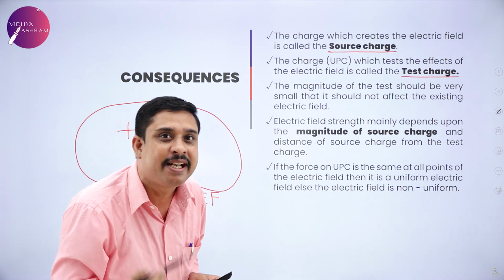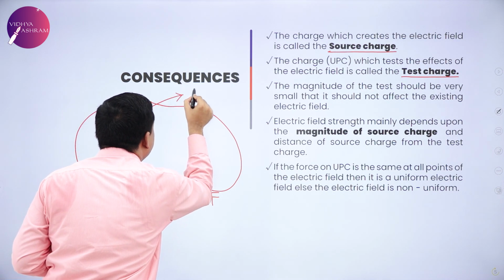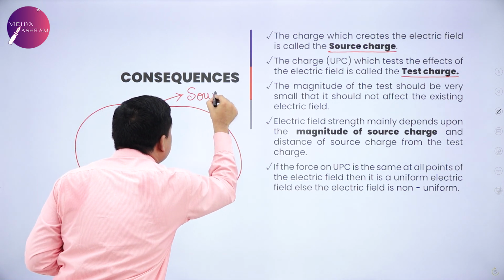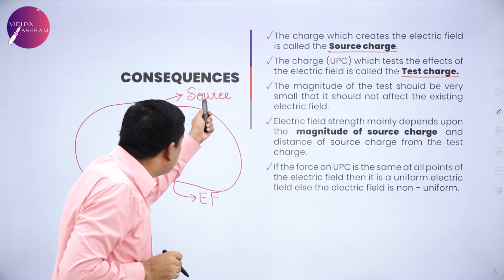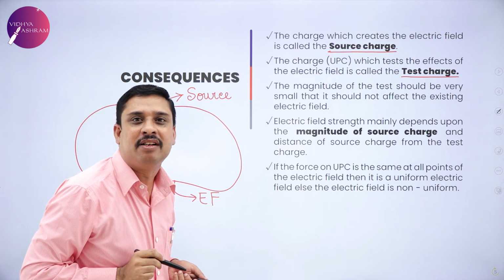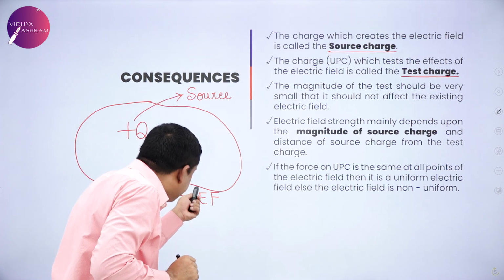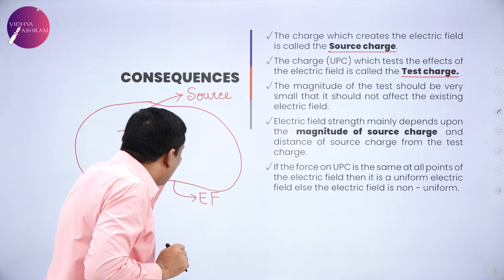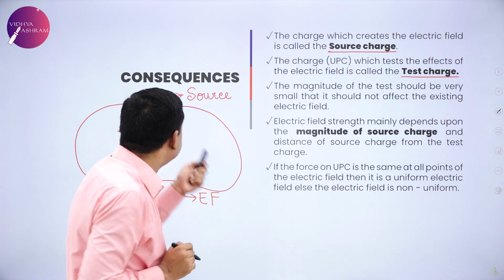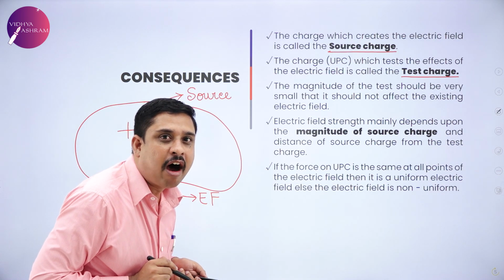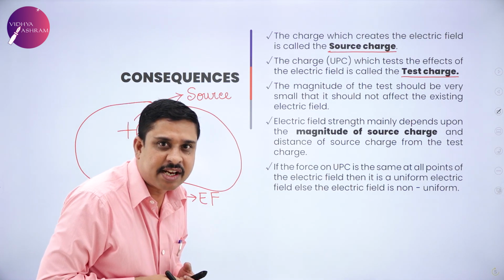Source, creator, and therefore this point charge I now call the source charge because it is the source of this electric field. I repeat, this electric field could be created only because I had a point charge plus Q. It is creating the electric field.